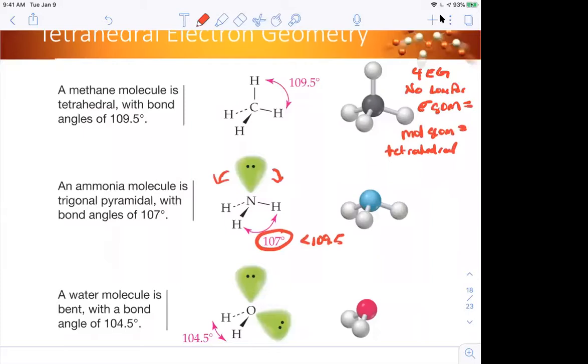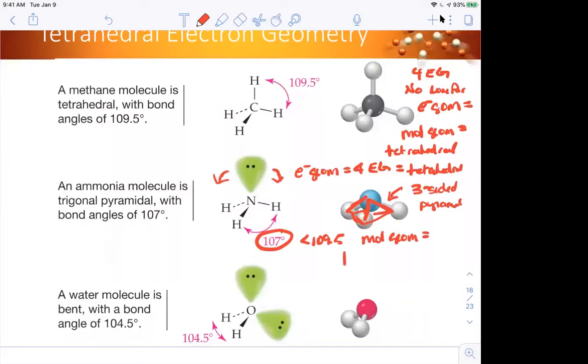So that bond angle collapses a little bit in this particular geometry. So this is still going to have an electron geometry of 4 electron groups, which is tetrahedral. But now I'm going to look at the fact that I make this 3-sided pyramid. If I take away this lone pair, my molecular geometry here is going to be trigonal pyramidal.